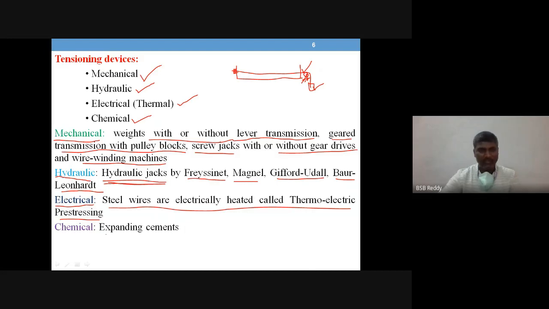Another technique is expanding cements, the chemical way of tensioning, which was already discussed in the earlier slide. So we have mechanical devices, hydraulic tensioning devices, electrical and chemical. Among them, hydraulic devices are very widely used nowadays, developed by scientists Freyssinet, Magnel, Gifford, Udall, and Bar Leonhardt.